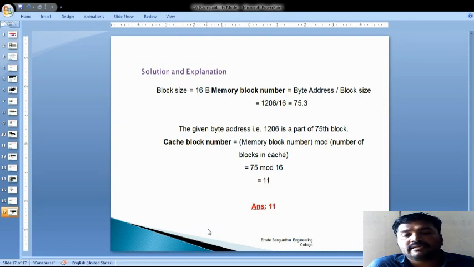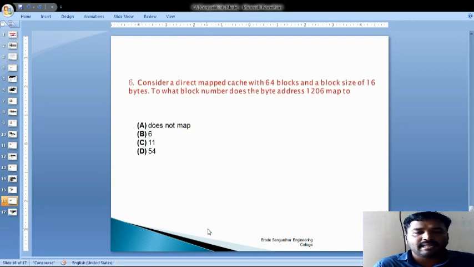The given byte address 1206 is part of the 75th block, approximately. So the cache block number is equal to the memory block number modulus the number of blocks in the cache. So 75 modulus 16 gives 11. So the answer is 11. So the byte address 1206 is mapped to block number 11.